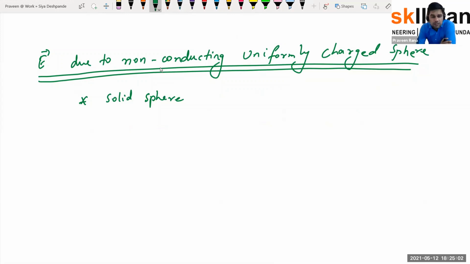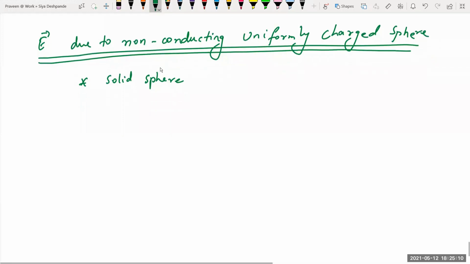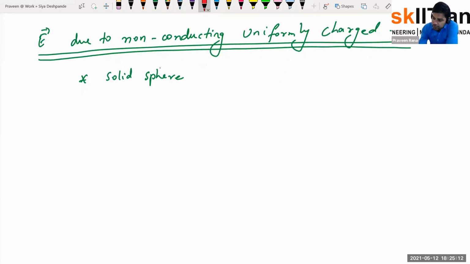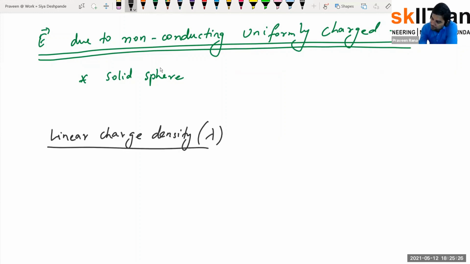Now, you must be aware about linear charge density, surface charge density, or volumetric charge density, these terms or not? No. Okay. Let's just quickly say, the first term is linear charge density. It is represented by the symbol lambda.